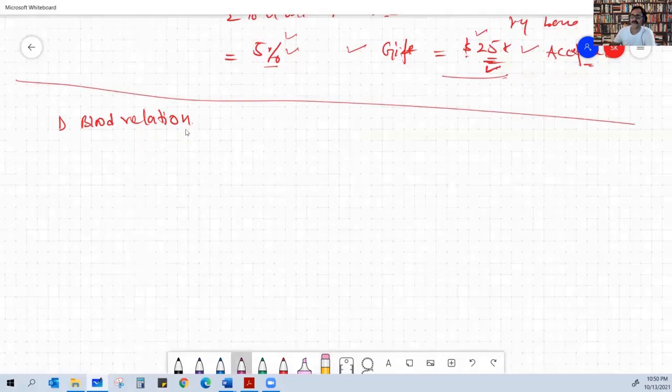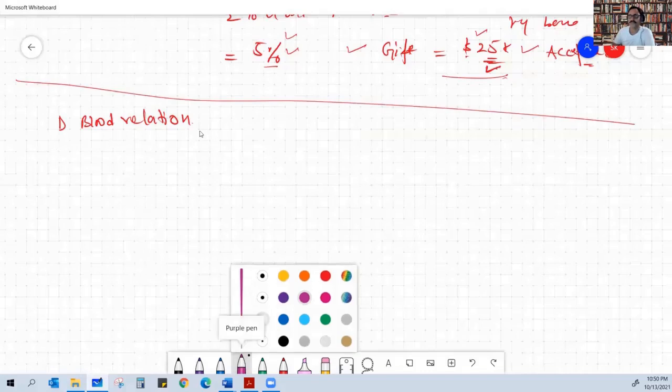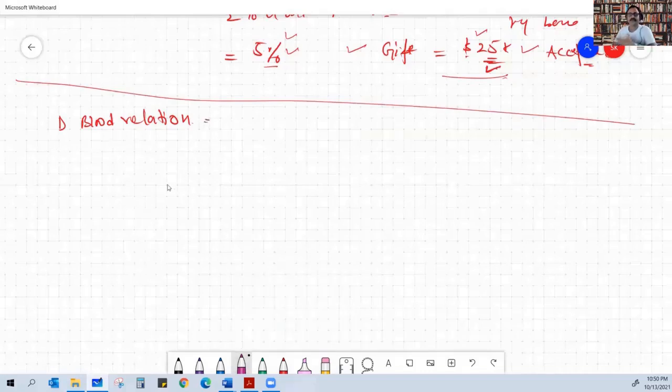Okay. Now number two, for anyone who is giving a gift to the borrower, what are the documentation requirements? How will I get to know whether the person giving the gift actually has the funds available to gift, and is related to the borrower? The first document that always needs to be there is the gift letter, right?